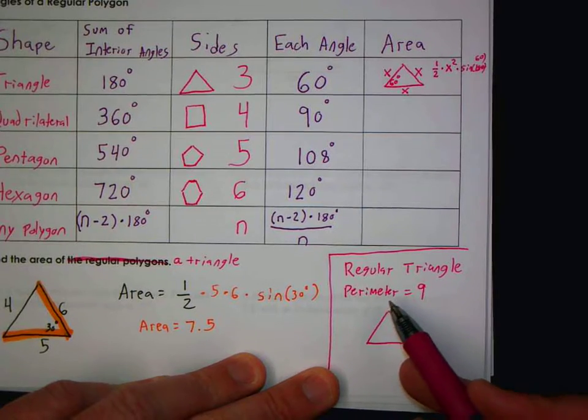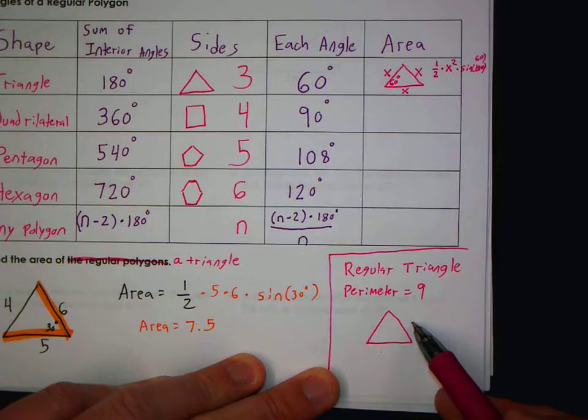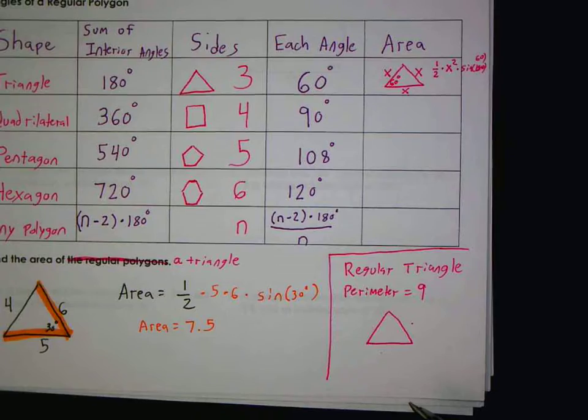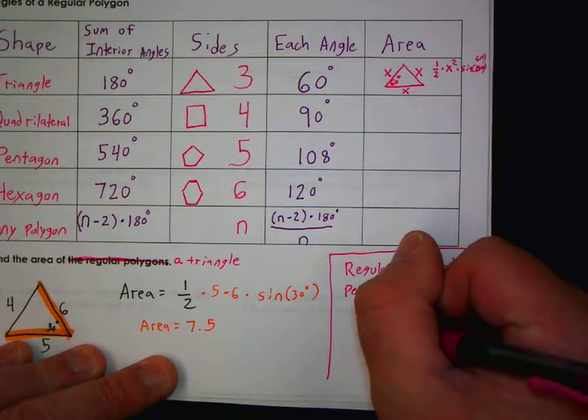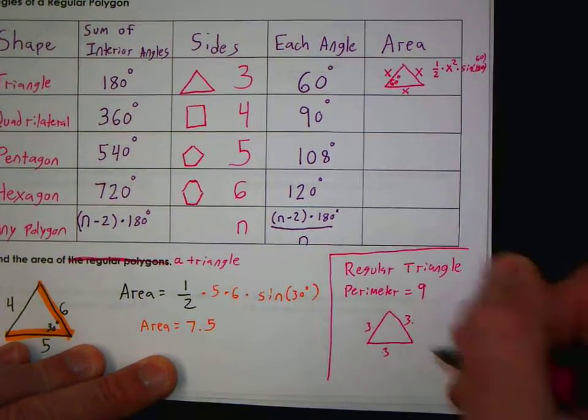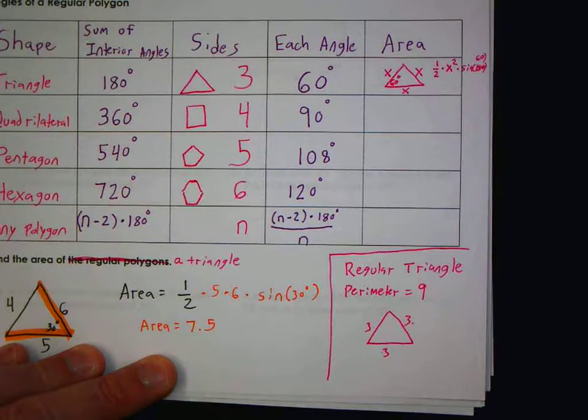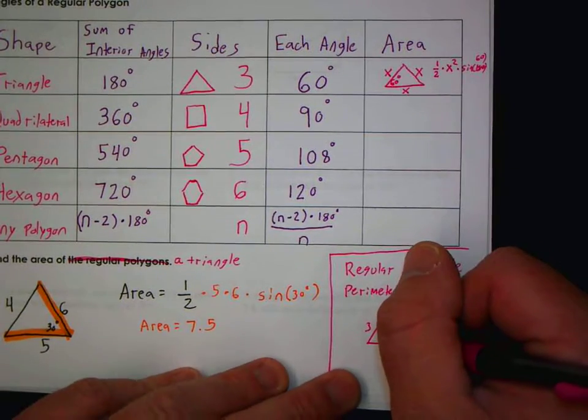Well, not 9, the perimeter is 9. Take this plus this plus this is 9, but all 3 sides are equal because it's regular. So it'd be what, 3? 3 plus 3 plus 3. And because all sides are equal and it's equilateral, this is 60.